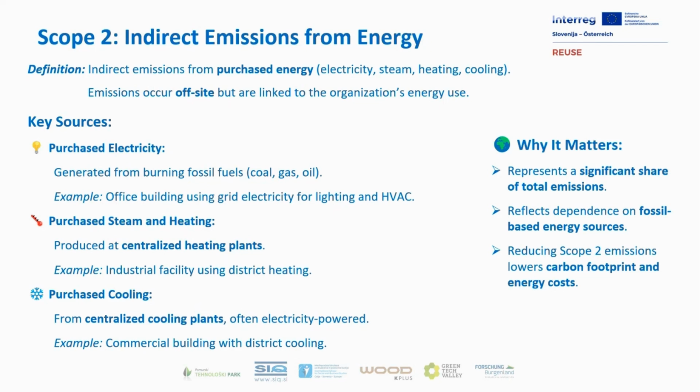Well, in many companies, Scope 2 is the second largest source of emissions right after Scope 3. It reflects the company's dependence on external energy sources, which are often based on fossil fuels. By reducing Scope 2 emissions, organizations can not only lower their carbon footprint, but also reduce energy costs and improve energy security.